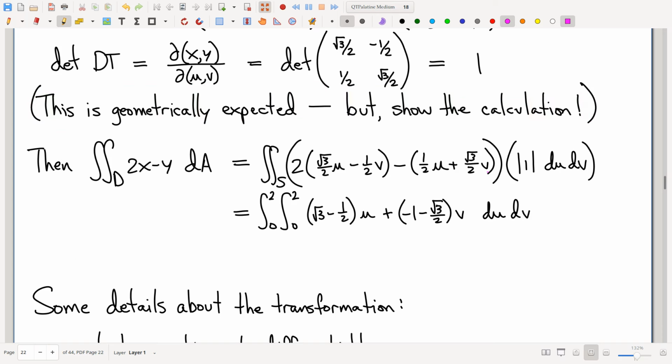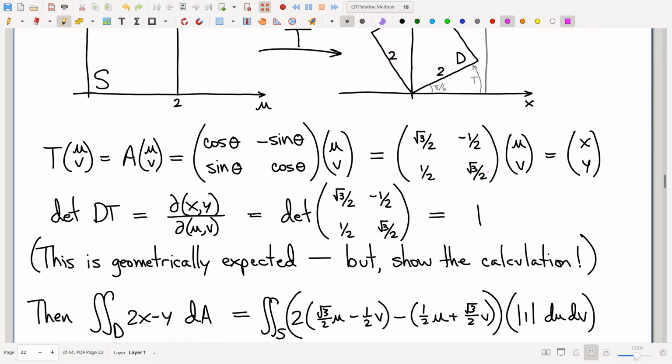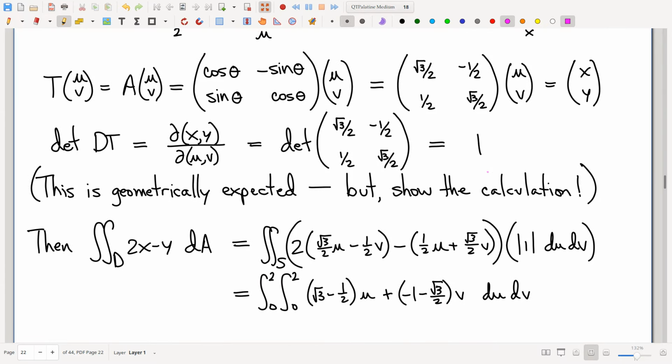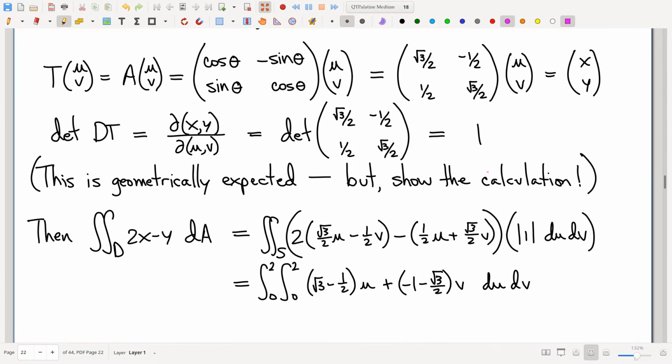All right, so let's see what this does to our original integral. Well, my original integral was, the integrand was this. How am I going to write all that in terms of u's and v's? Well, don't forget, x is that dot product, which means that x right there is just that.